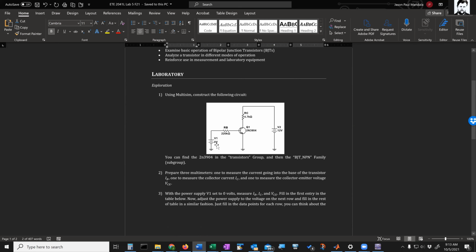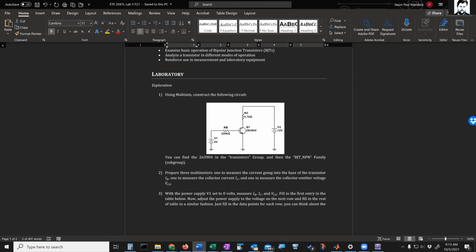What we're going to do is adjust this base supply to different values and see how the voltages and currents in the transistor change based on that. As we know from lecture, you would expect that as you increase the base voltage, you're basically turning the transistor on more and more.